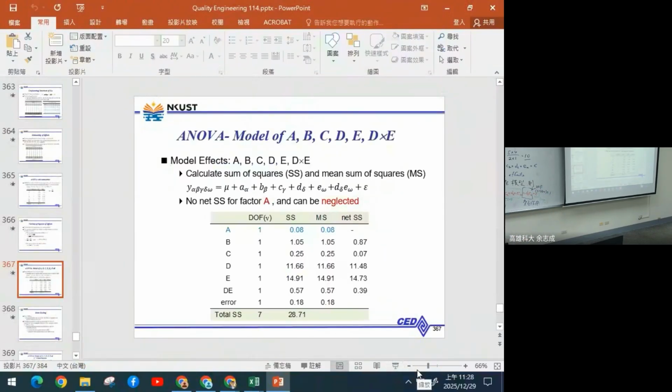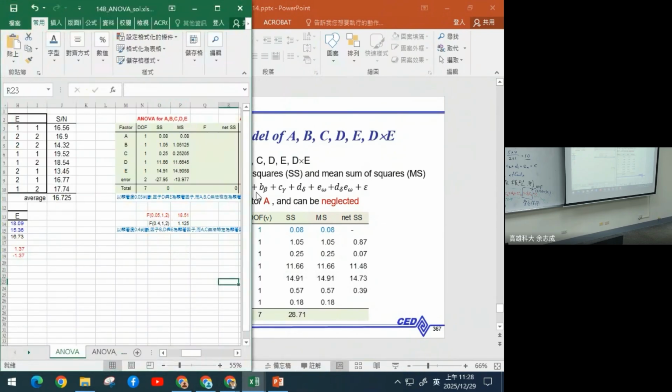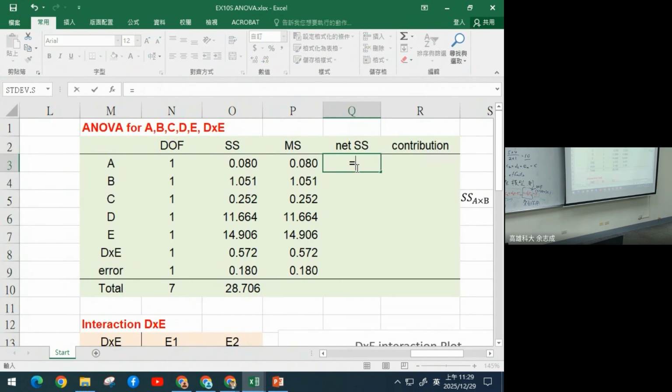Let's go back to the Excel again. So how to calculate the net sum of square? We can apply the equation directly. The net sum of square will be the original sum of square minus the degree of freedom multiplied by the mean sum of square due to error.